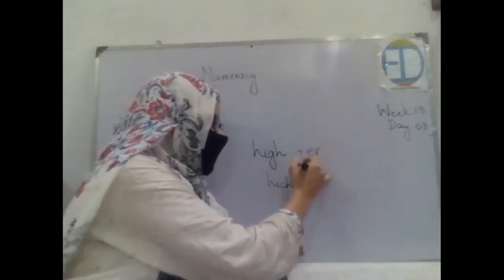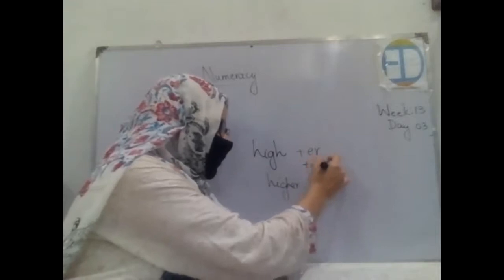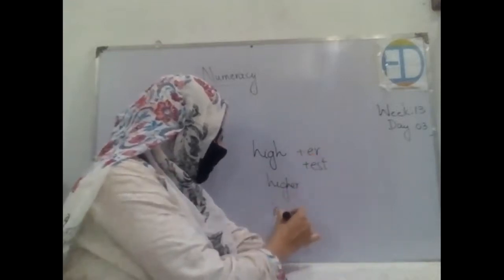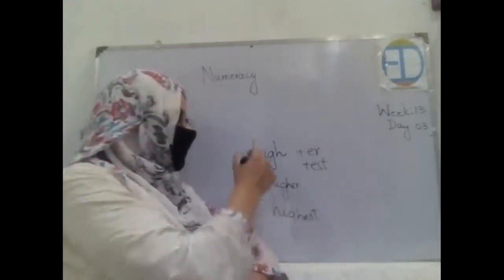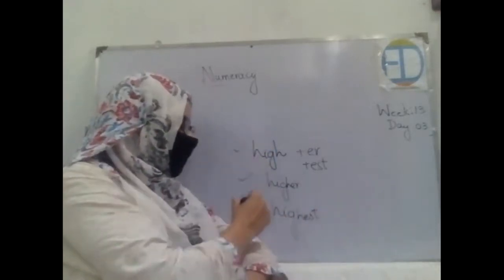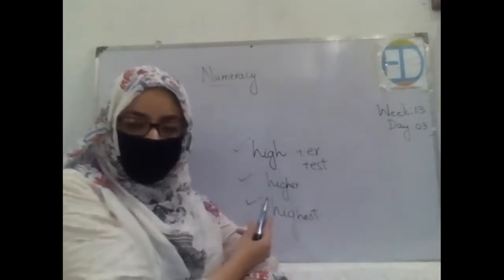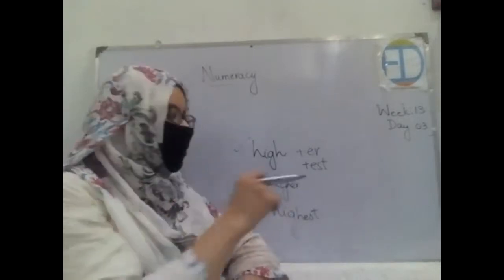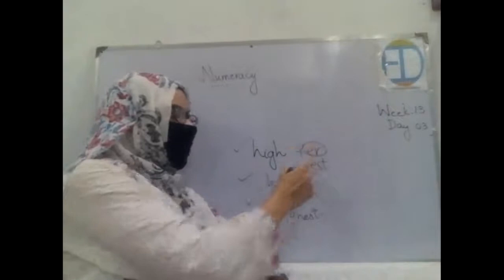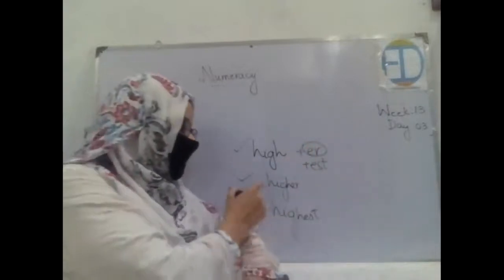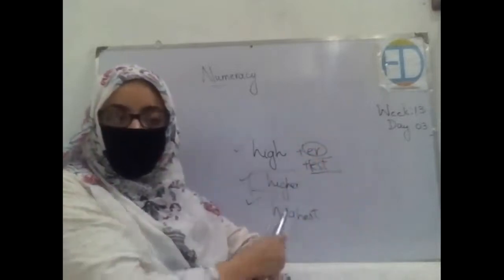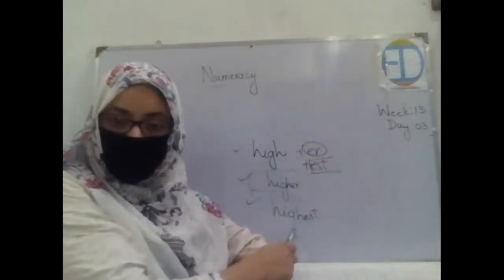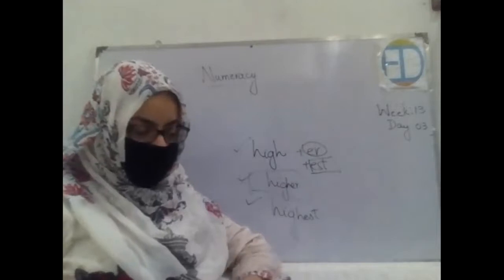And when you add est to it, it turns into highest. This is the first degree, this is the second one, and this is the third one. So the simple rule is that first you add er to the original word, and you get the second degree, and when you add est to the original word, you get the third degree of it. Got it? Okay, let's move forward.